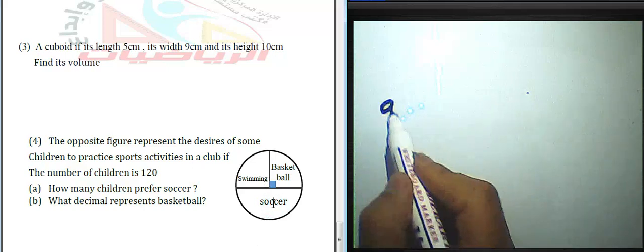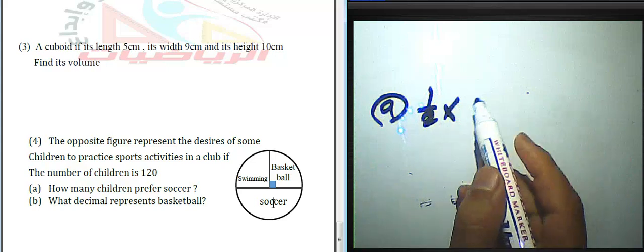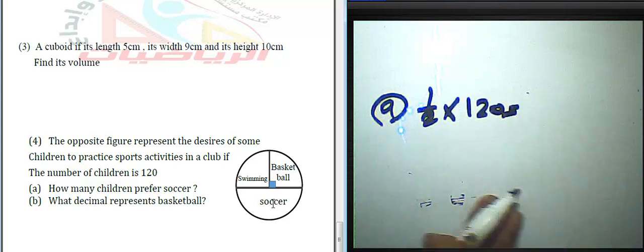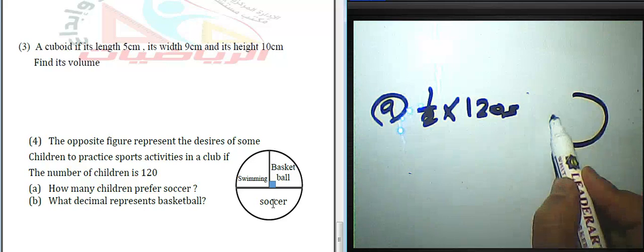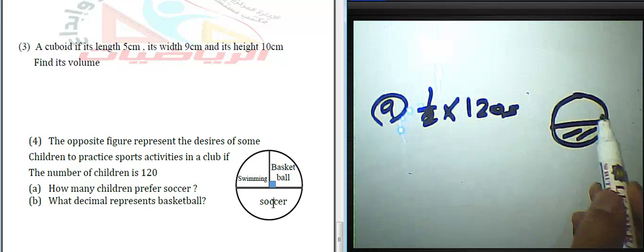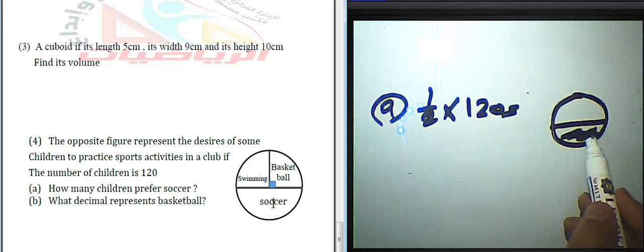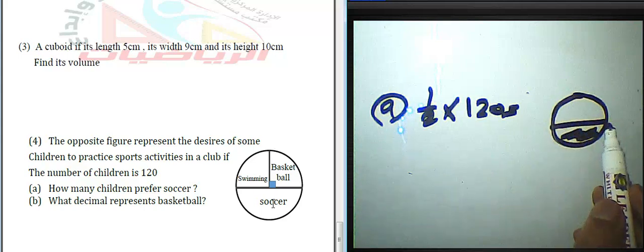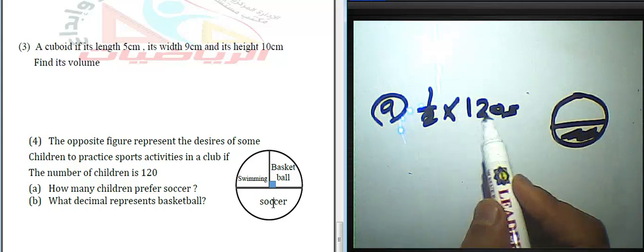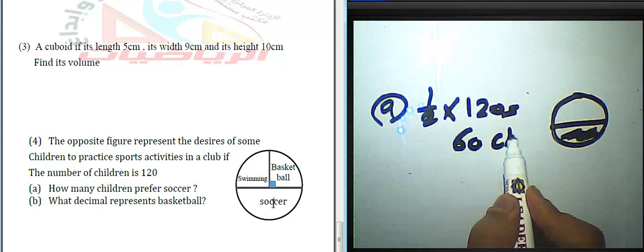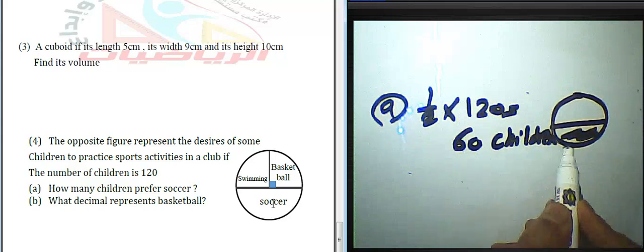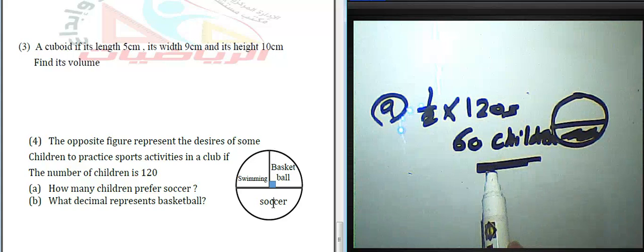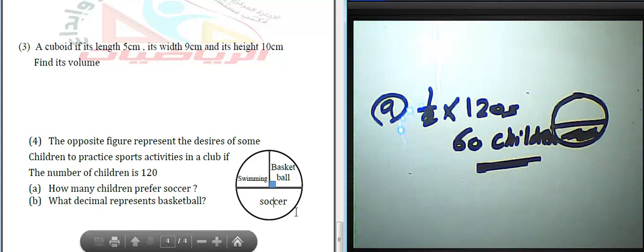Question letter A, the result will be half multiplied by 120. Because this part is a half of the circle, it will be half multiplied by the total number, it will be 60 children. The result will be 60 children for letter A. Understood, my students? How many children prefer soccer? Here it's a half of the total number 120.